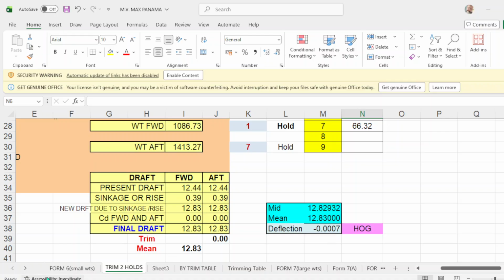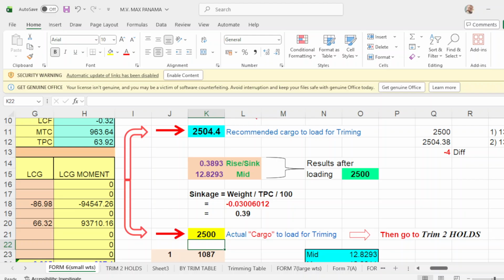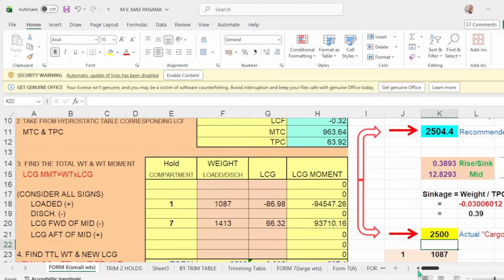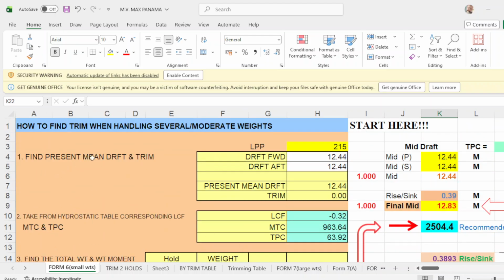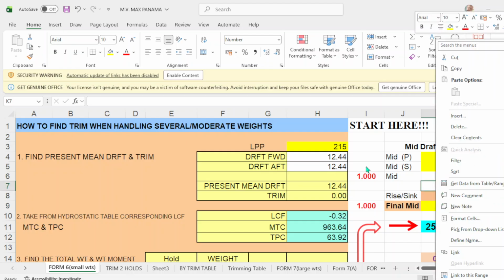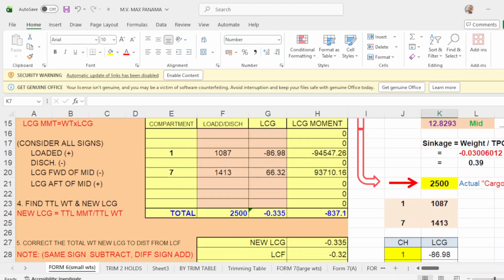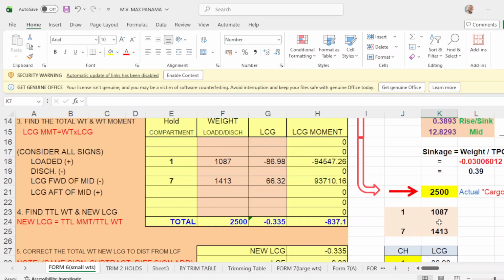Okay, that's good. Then we go to form number 6, the first program, which is how to find trim when handling several moderate weights. Take note that in number 1 you load 1087.